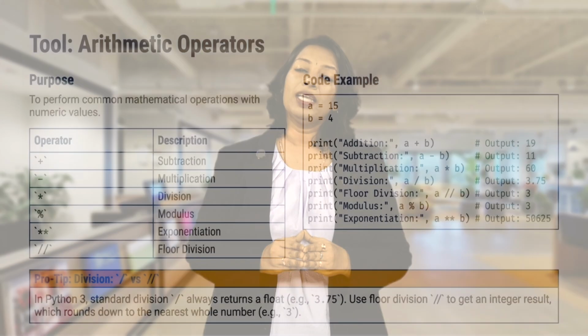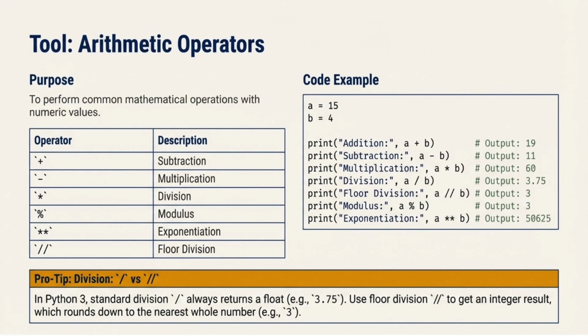One of the most important tools in Python is arithmetic operators. These operators allow us to perform basic mathematical operations on numbers. Plus for addition, minus for subtraction, star for multiplication, slash for division, percentage for modulus, which calculates and returns the remainder, double star for exponentiation, and double slash for floor division, which calculates the quotient.